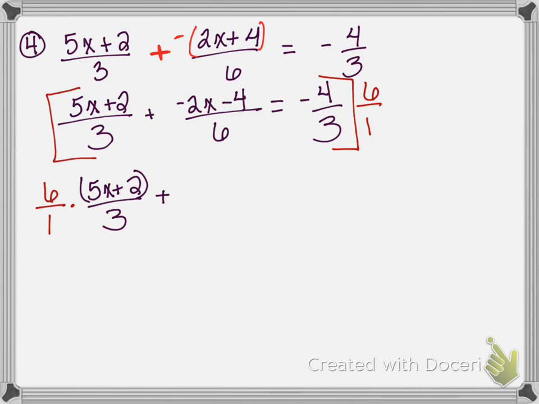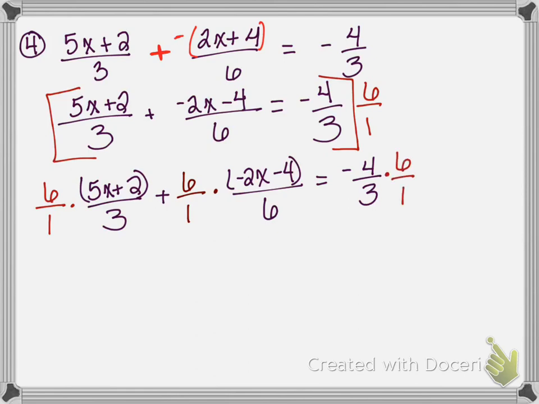So now, my next one, I've got 6 over 1 times negative 2x minus 4 over 6, in parentheses, equals negative 4 over 3 times 6 over 1.